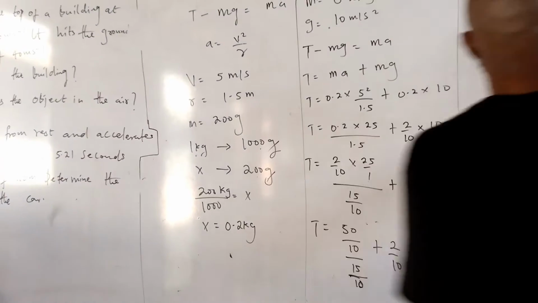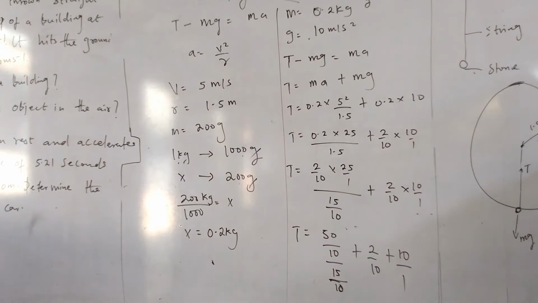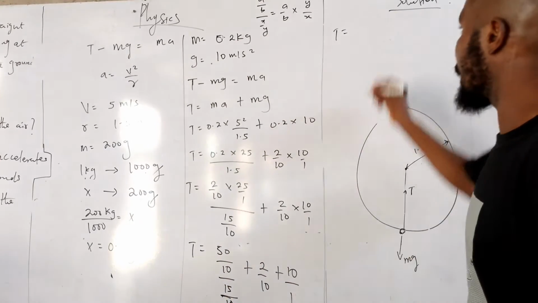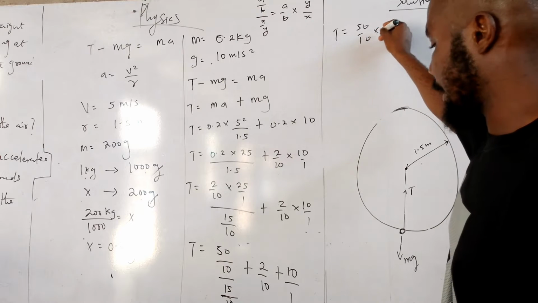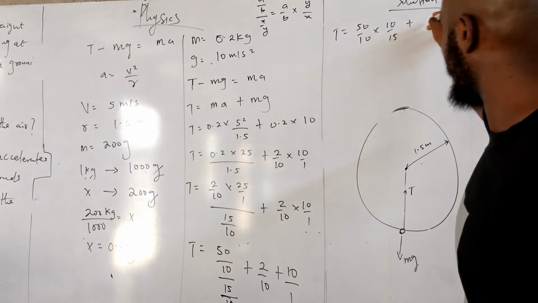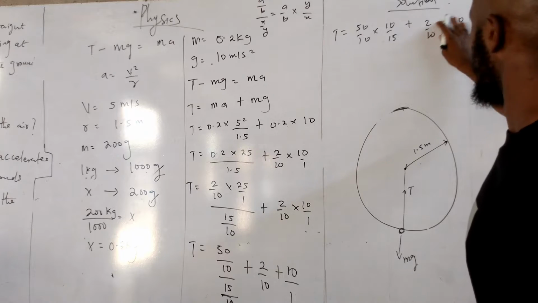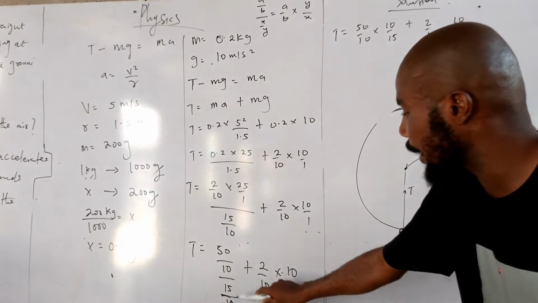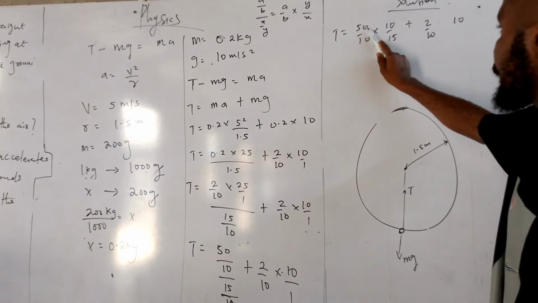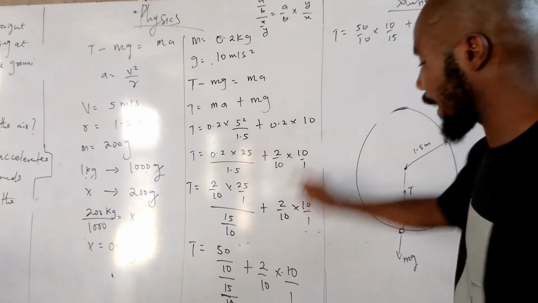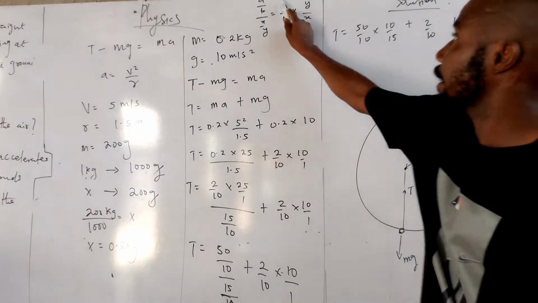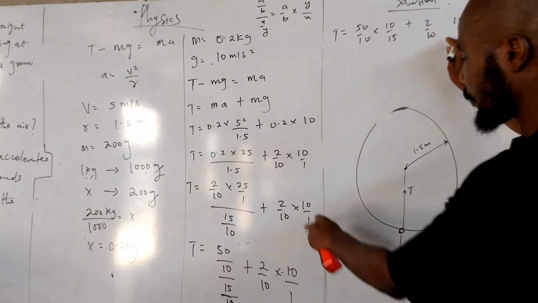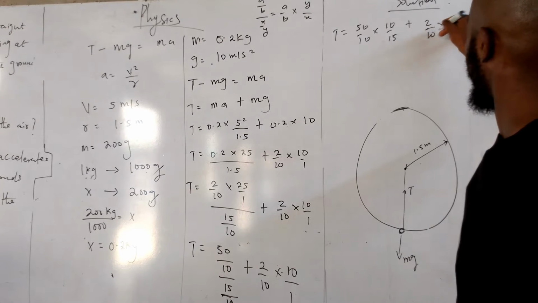Okay, we have visualized this. From here, you see that we have 50 over 10 all over 15 over 10. So it can be written as 50 over 10 times 10 over 15, plus 2 over 10 times 10 over 1. 50 over 10 over 15 over 10 is the same as 50 over 10 times, this 10 will come up, 10 over 15 will come down, just like this particular formula that I gave us here, plus 2 over 10 times 10 over 1.